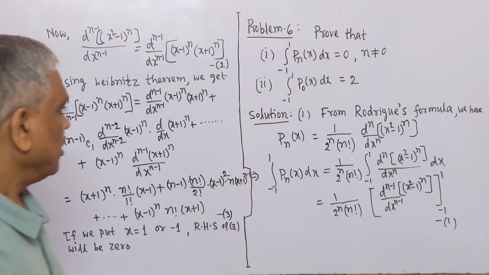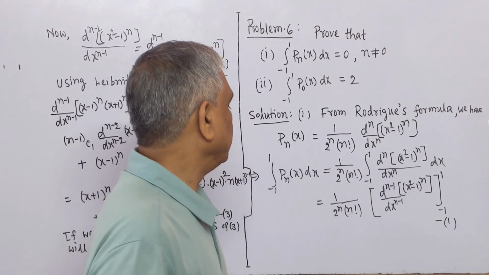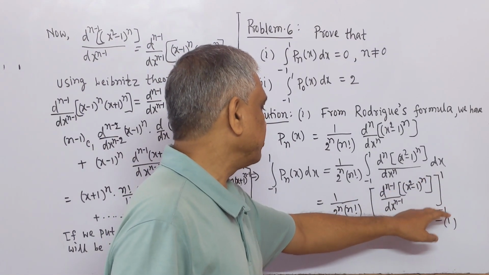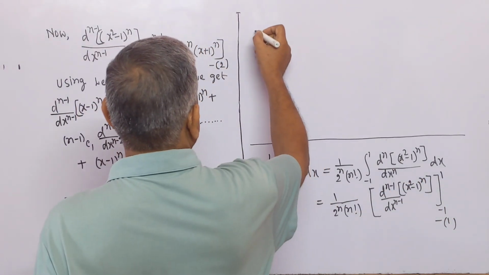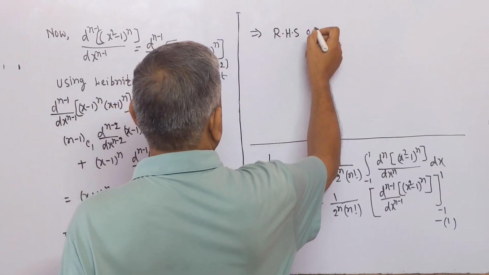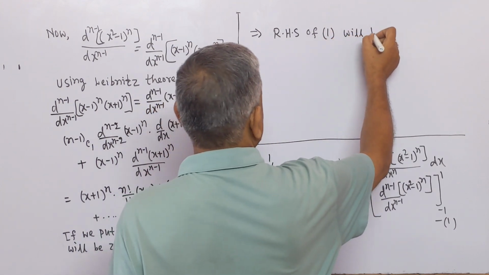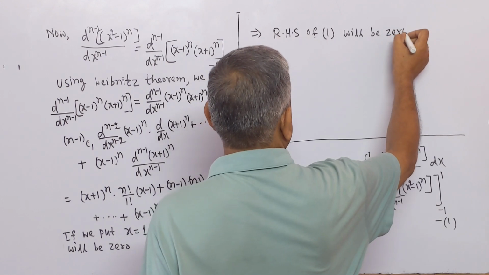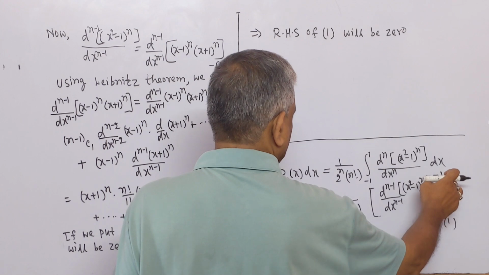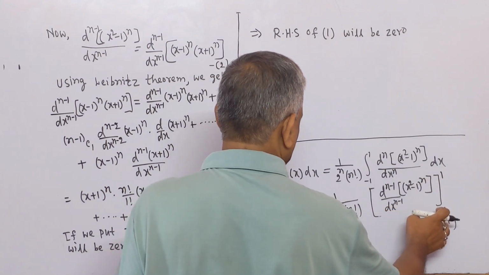So here right side will be 0, either if we put x equal to 1 or x equal to minus 1. This implies that right side of 1 will be 0, because value of this is 0 for x equal to 1 and value of this is 0 for x equal to minus 1.